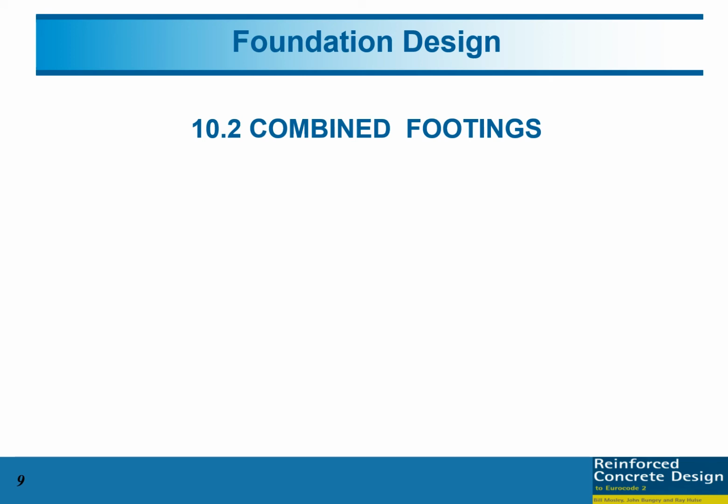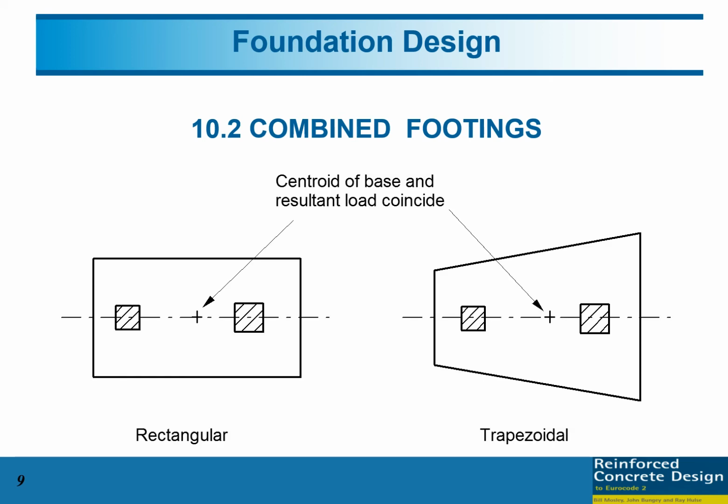So this is the combined footing. We have two figures here. The left side is for the rectangular combined footing, and the right side is the trapezoidal combined footing. So how do we decide whether we need to design it as rectangular or trapezoidal? First, it depends on the value of loading acting on the column, and also on the shape of the length available for the building.